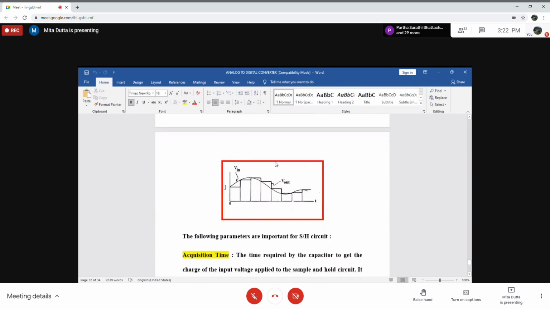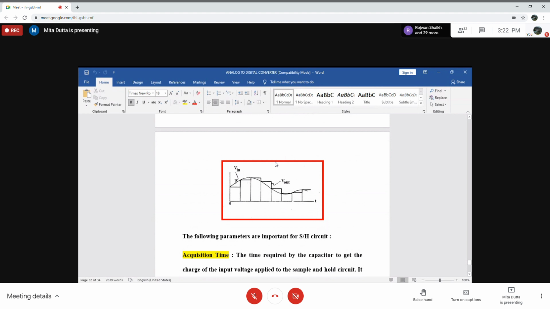Say this is the analog input voltage, this is the sample mode at this instant, this will be the sampling time, and this will be the holding time.